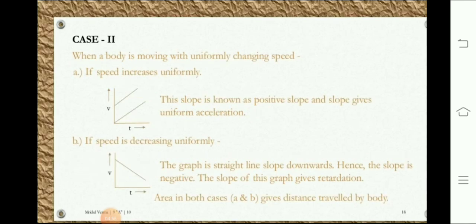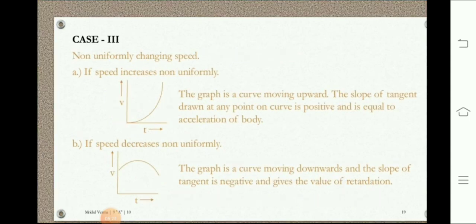When the body's velocity is changing uniformly, when the velocity is increasing, the slope is a positive slope and it gives uniform acceleration. When the speed is decreasing uniformly, it is called retardation, and the graph will go down.